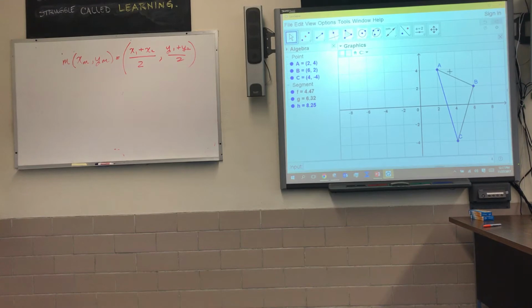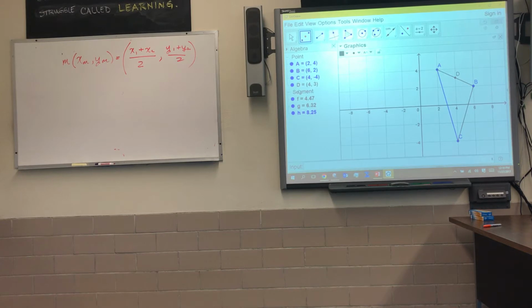And your 4, 3 should, if you've drawn things to scale, land on AB, and it should look like it's halfway in between. Go ahead and call that point D. So there's the midpoint, and you see that it is at 4, 3. Is that okay?